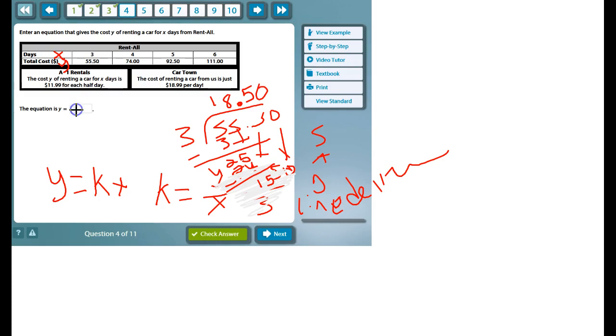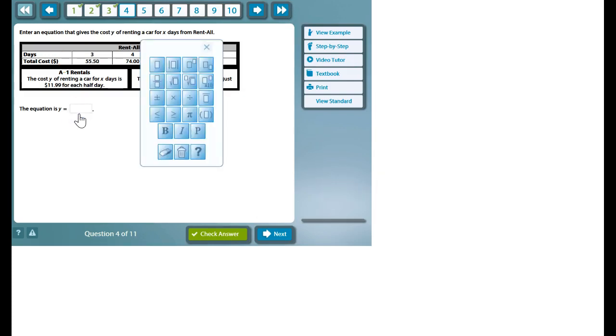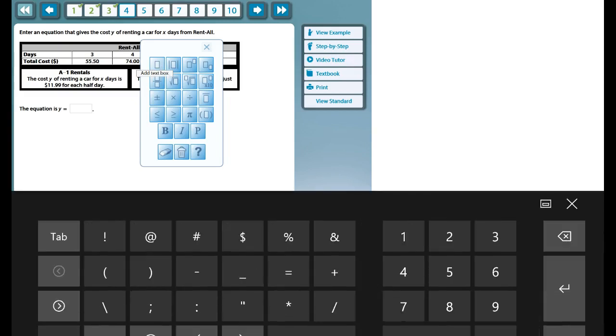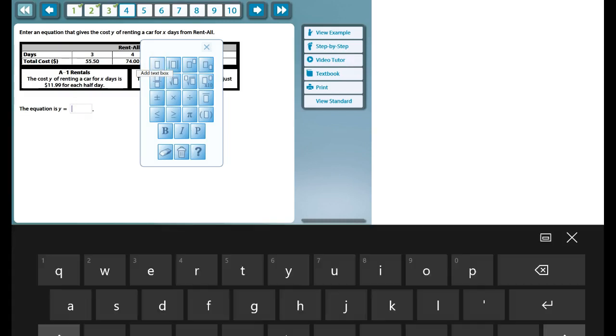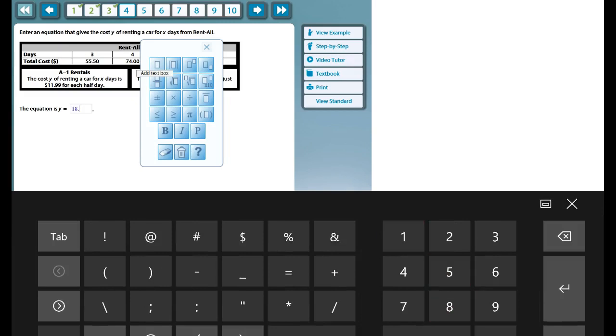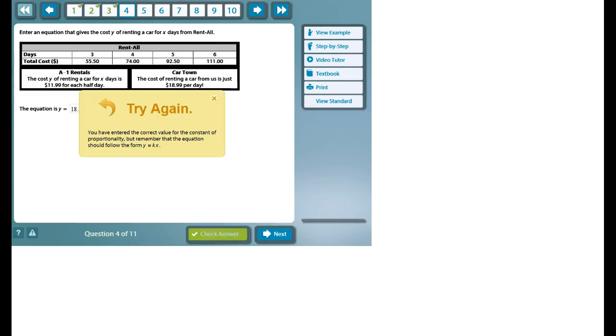Because that's kx. Let's see how we... Oh, I got to get rid of the ink. Y equals... Oh, I already forgot. It was, I think, 18.5. Let's try it. No, not on there. Text box, text box, text box. Clicking text box. Alrighty, here we go. 18.5. See how we did. Try again. You have to enter the correct value for the constant of proportionality.